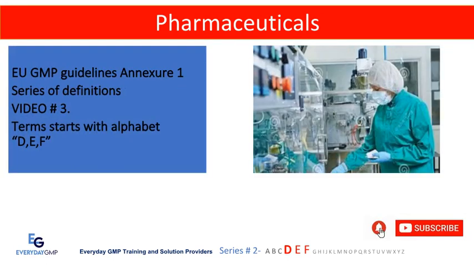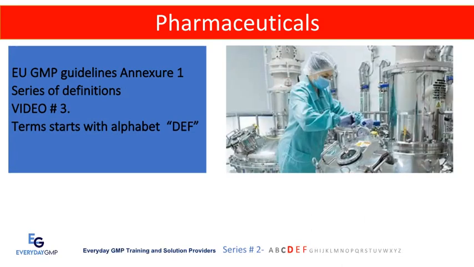EU GMP Guidelines Annex 1 Series of Definitions. Video number 3. Terms starting with alphabets D, E, F. In the world of pharmaceuticals, precision and adherence to regulations are paramount. Understanding the key definitions and terminology laid out in the European Union Good Manufacturing Practice Guidelines, Annex 1, is not just important, it's essential. Join us on a journey through the intricacies of pharmaceutical manufacturing as we dive deep into the terminology that shapes this industry.